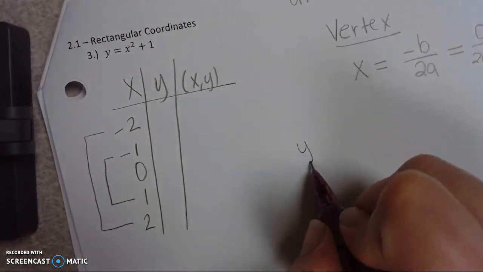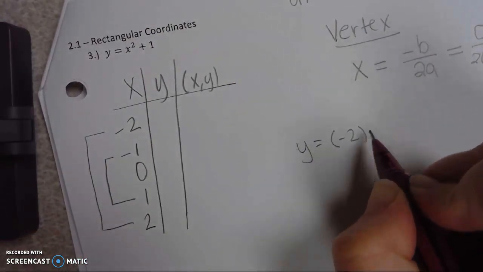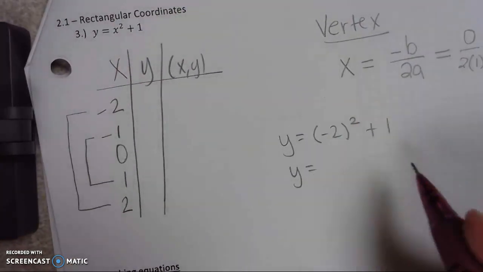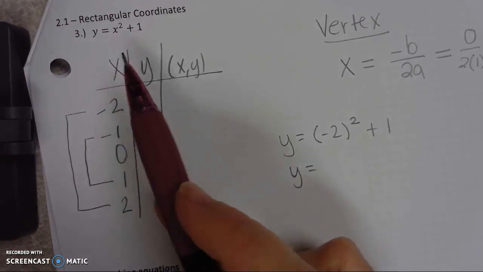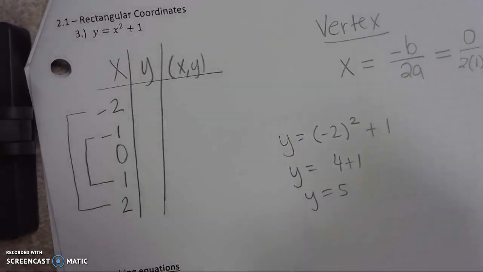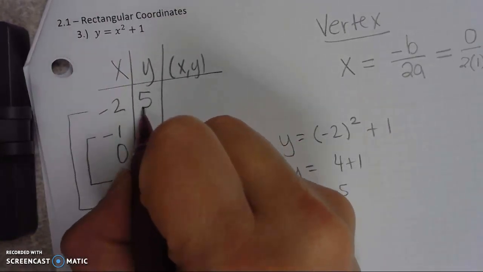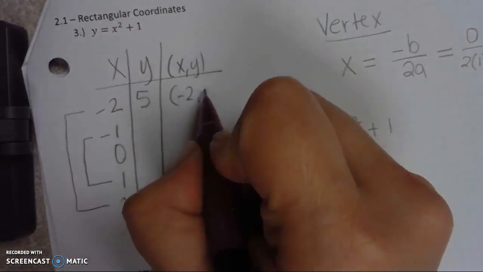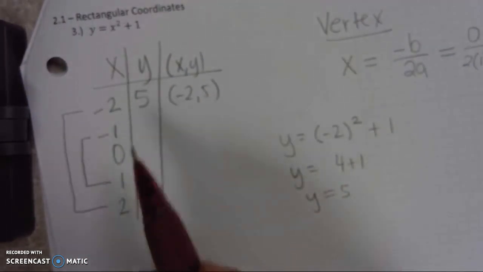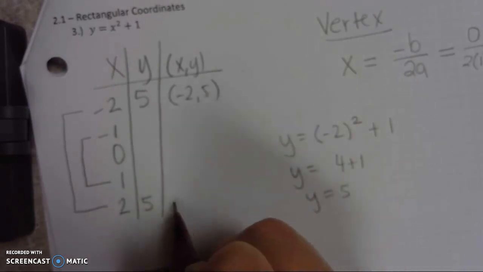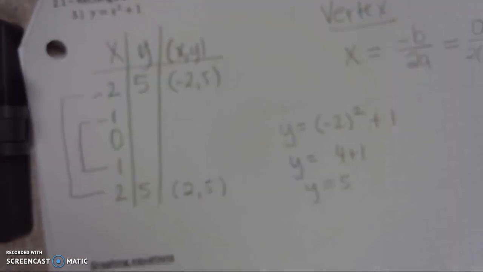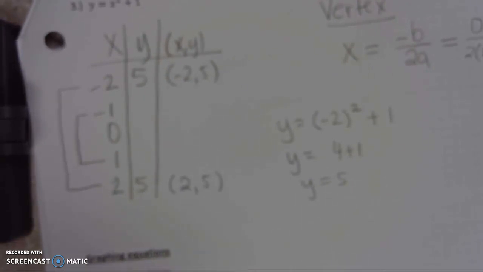I'm going to do -2, but you could do 2 if you wanted to. When I fill in -2 into my equation, -2 squared is 4, plus 1 gives me a y value of 5. So -2, 5 is my coordinate. And 2 also has a y value of 5, because -2 and 2 are the same distance from 0, the vertex.